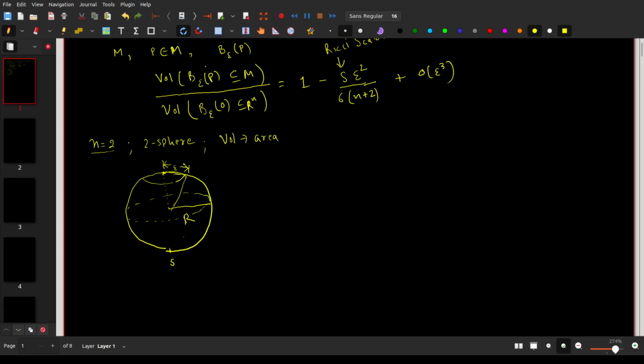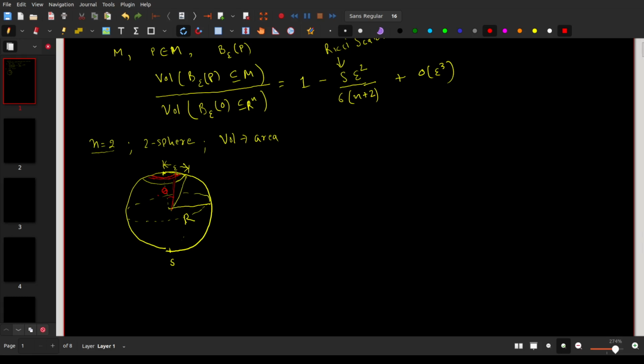Now the area of this disk can be easily calculated. If we take a small strip inside this disk, which say makes an angle theta, here we have angle theta.